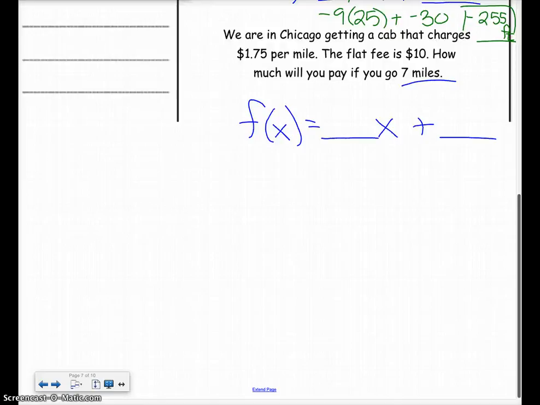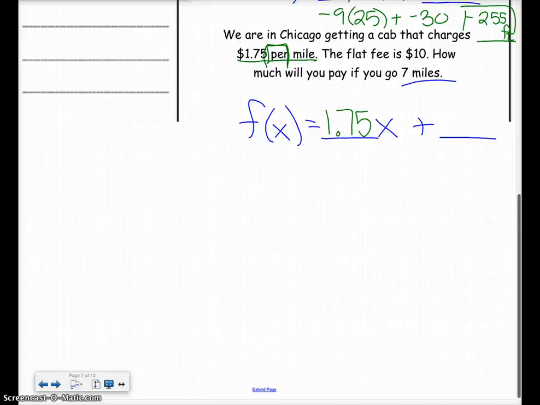What varies is the mile. So if you're looking, you would want to write the per. Anything that says per is the rate. That's what's going to change. So the 1.75 goes there. And then what's my initial? What do I have to pay no matter what?